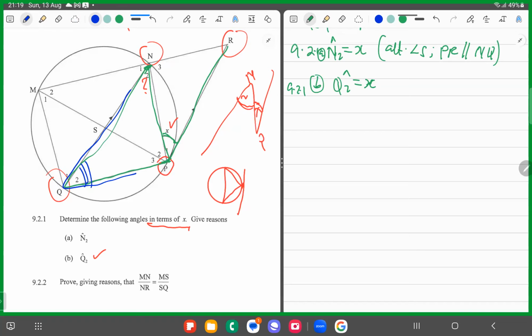And the observation, therefore, is that angle Q2 is x because of the tan-chord theorem.